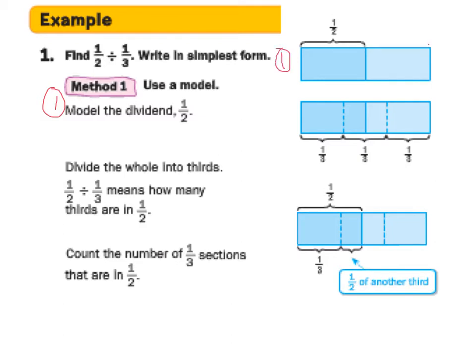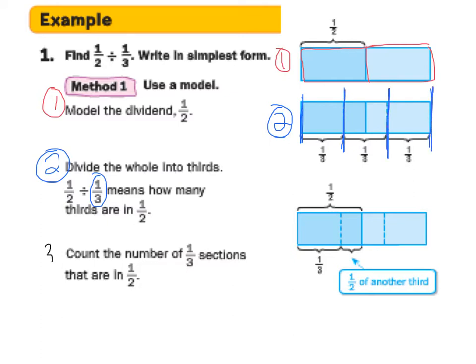They take the long rectangle and cut it in half. And then step 2, they divide the whole box into thirds, because the second fraction says divide into thirds. So this is step 2. They made a second drawing, and at this point then they cut it into these thirds.